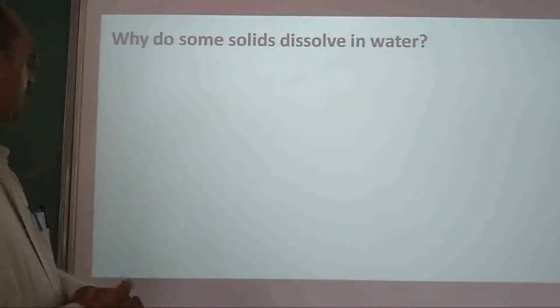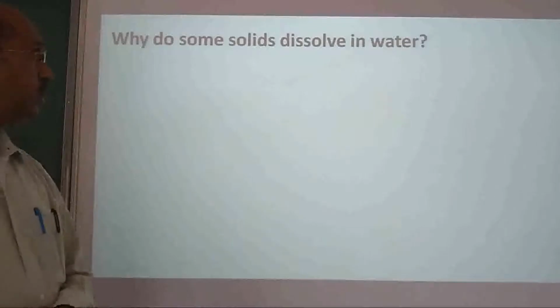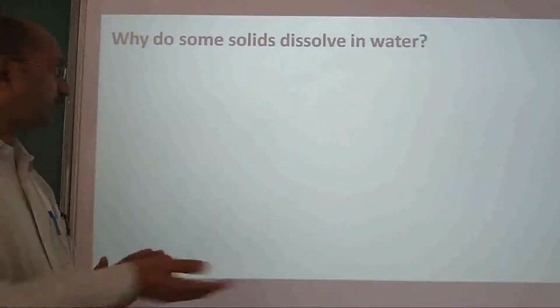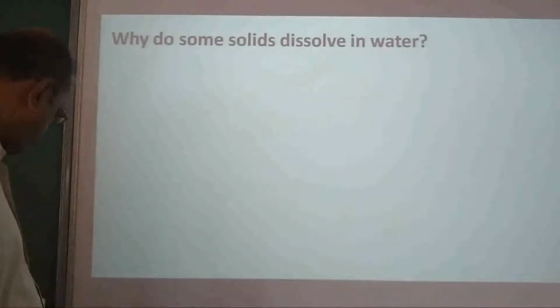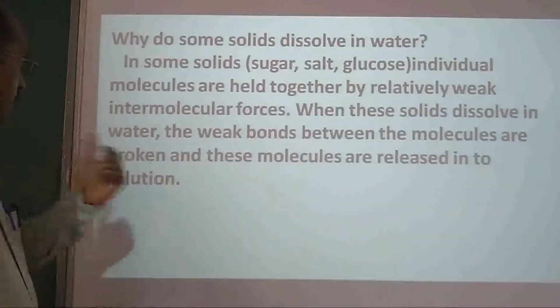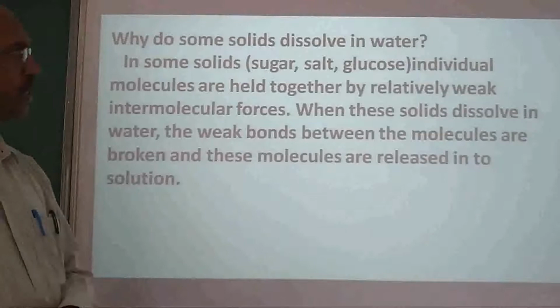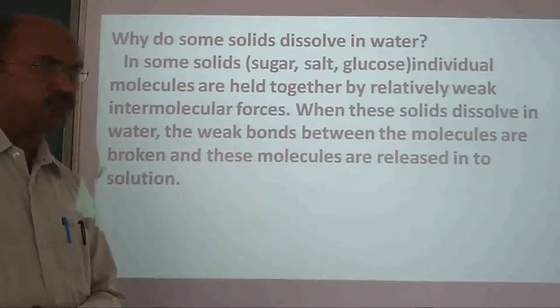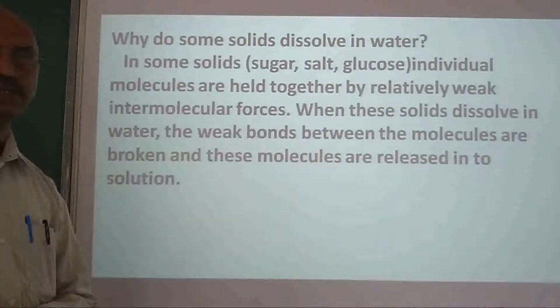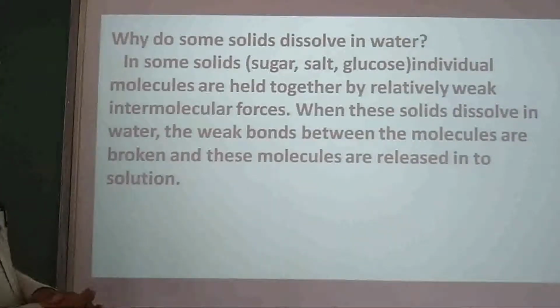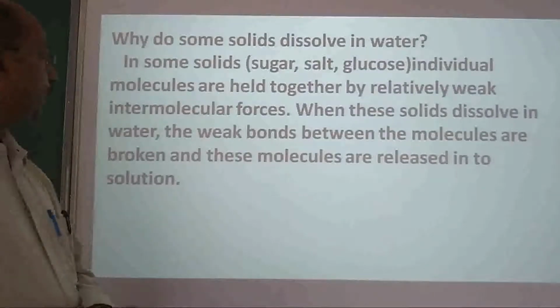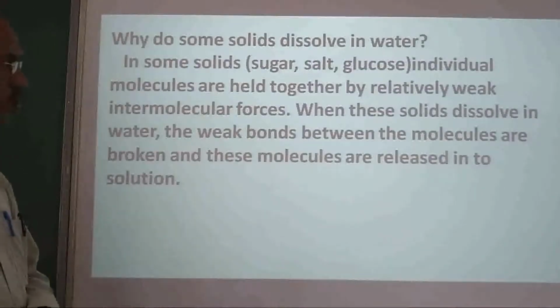You have observed this. Only some substances or some solids dissolve in water. What is the reason for this? In some solids such as sugar, salt, glucose and some other chemical substances such as copper sulfate, the individual molecules are held together by relatively weak intermolecular forces.